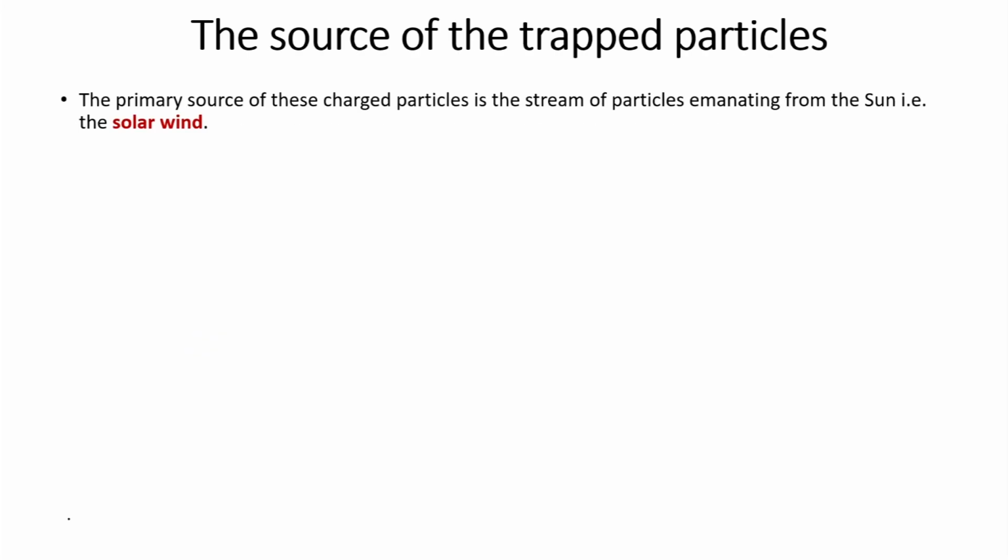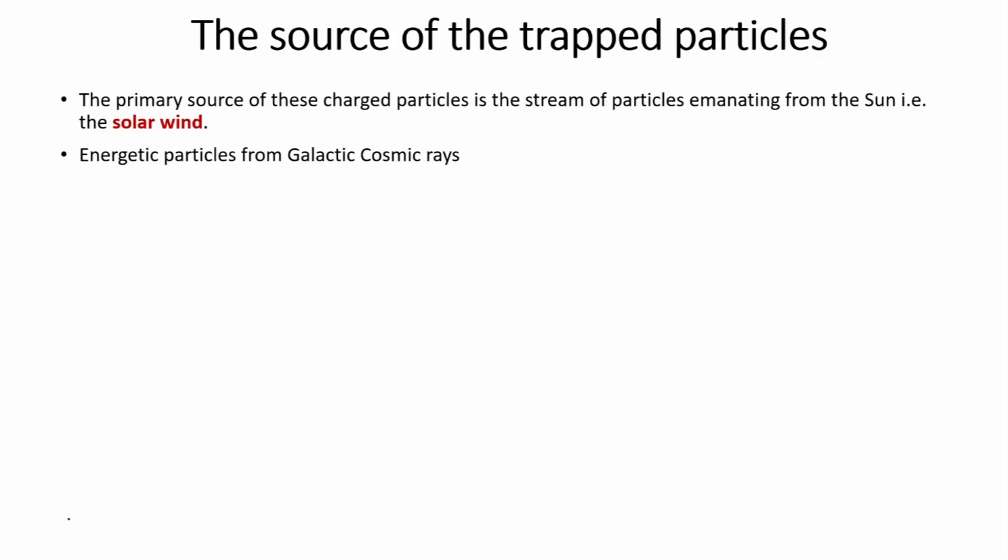So, what are the sources of these trapped particles? The primary source, the stream of particles, emanates from the sun's surface, that is called the solar wind, that we already explained in our earlier session. And another source is the galactic cosmic rays.